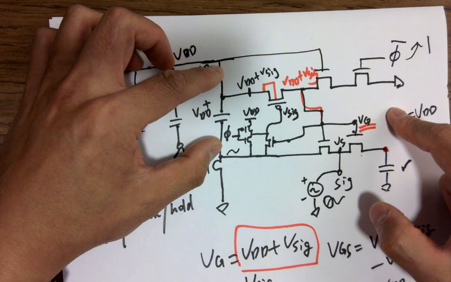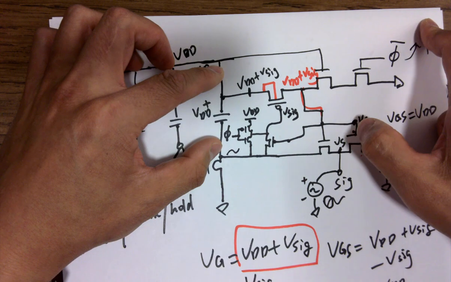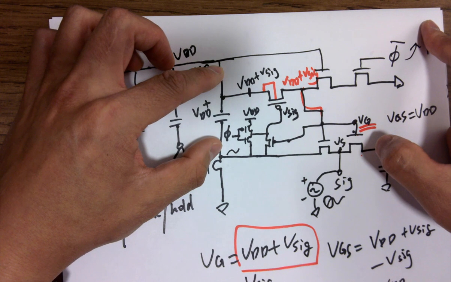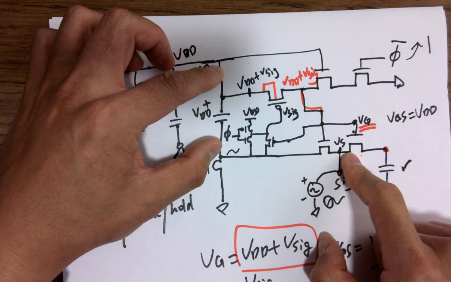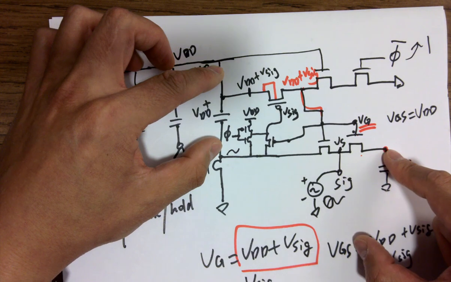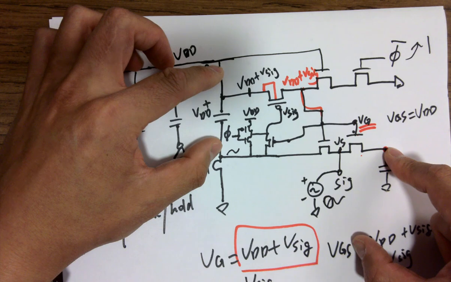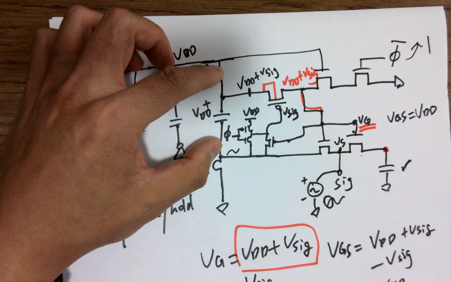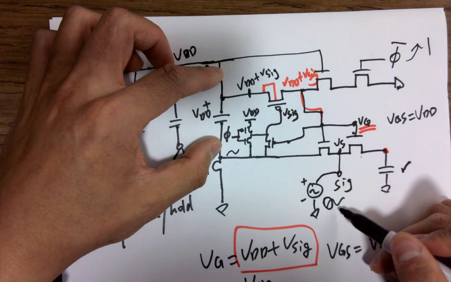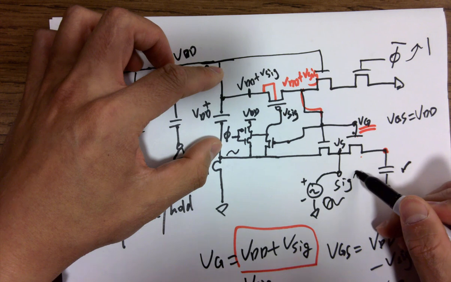Whenever this becomes 1, at that moment, immediately, the voltage here will be what? So we're talking about this signal getting sampled and tracked, right?